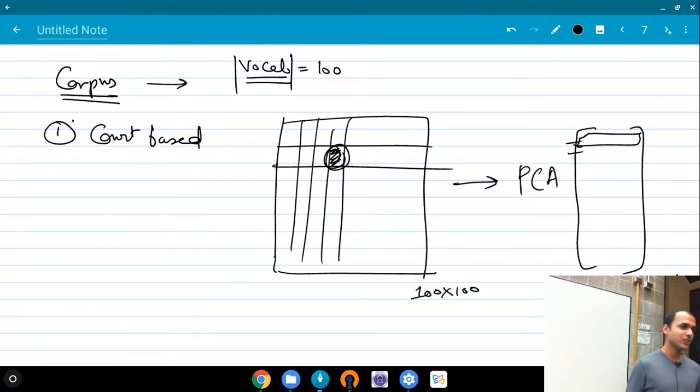The way to intuit about this is not in terms of words terminology. Think of the collaborative filtering application, where instead of words you have movies. Let's think of a movie versus movie matrix, where each cell just represents how many common people watched these two different movies together.